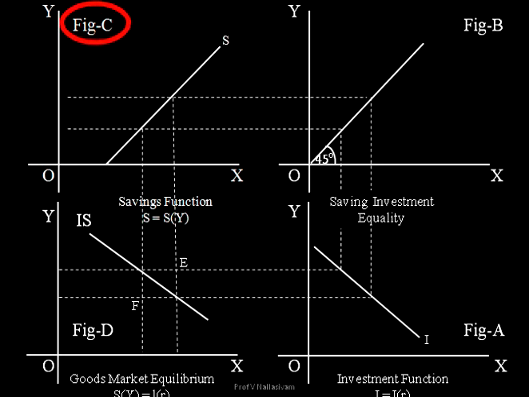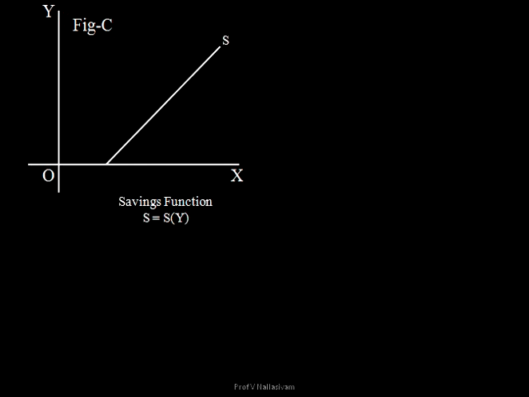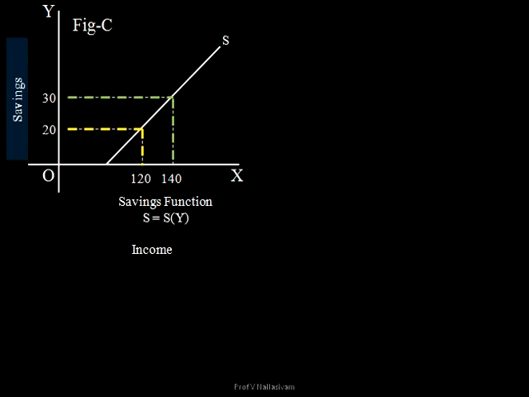Look at figure C. It depicts savings function. Income is measured along the x-axis and savings is measured along the y-axis. When income is 120 rupees, the community saves 20 rupees. When income is 140, the community saves 30 rupees.